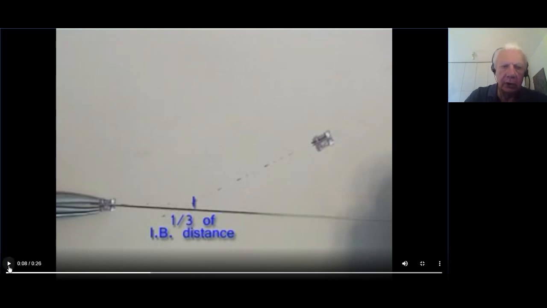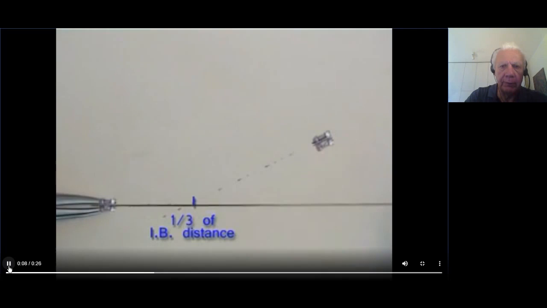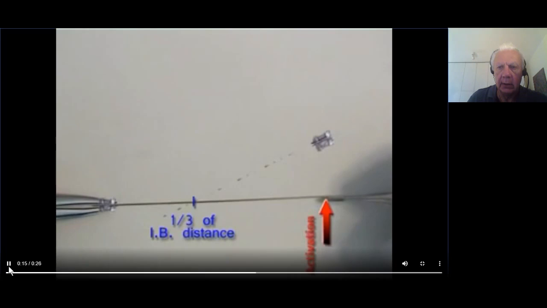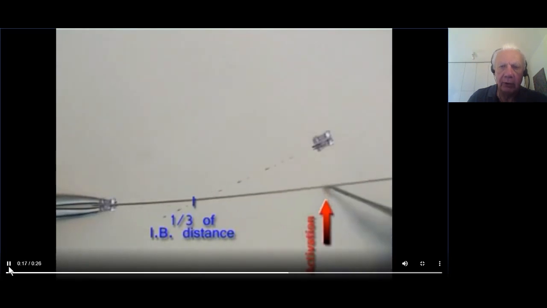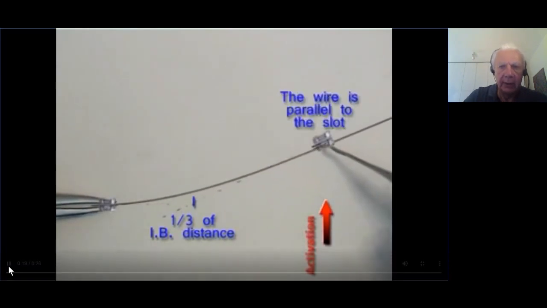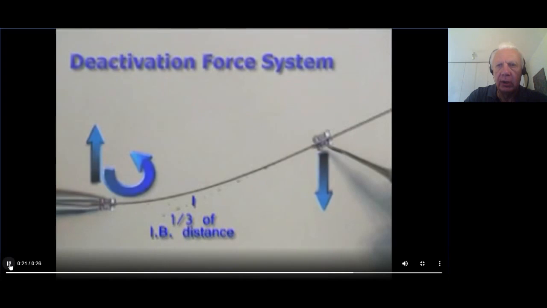So in this condition of geometry 4, I do the same experiment as before. I raise the wire on the other side, and you will see that when the wire reaches that bracket, the angulation of the wire is exactly the same as the orientation of the slot. So they are parallel, and we don't produce any force. We don't need any bending to engage the wire into the slot, and there is only a force.